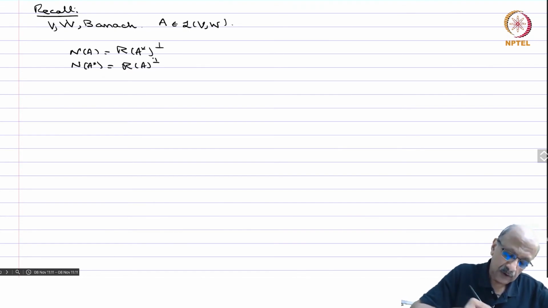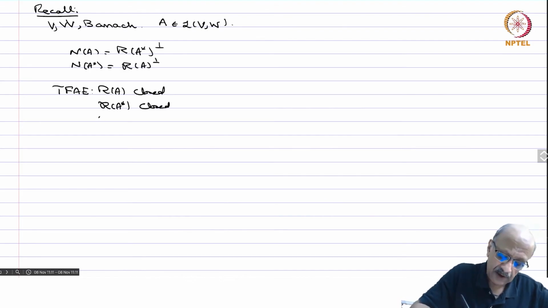Then we also showed that the following are equivalent: range of A closed, range of A star closed, range of A equals null space of A star perp, and range of A star is null space of A perp.